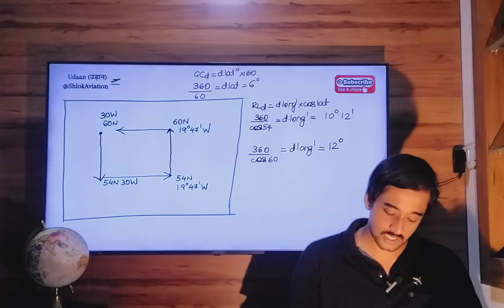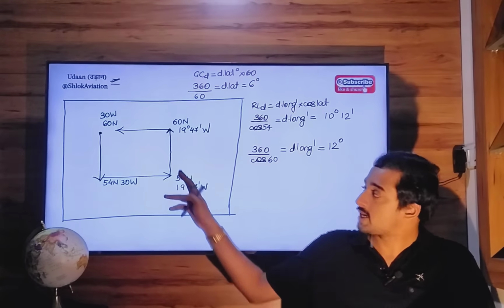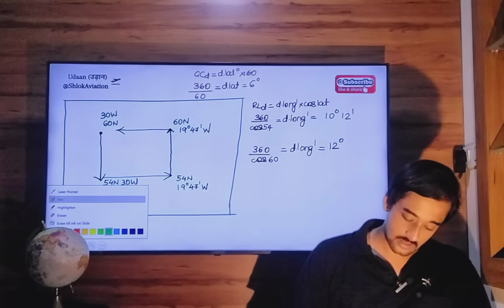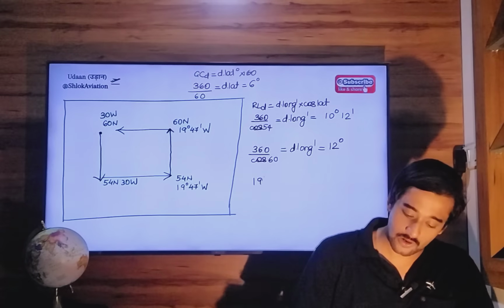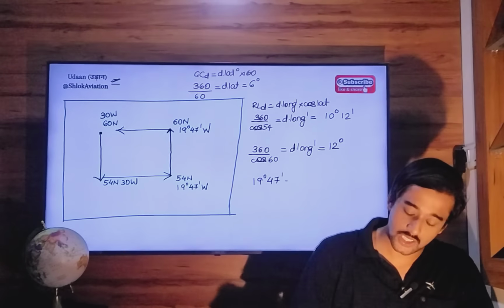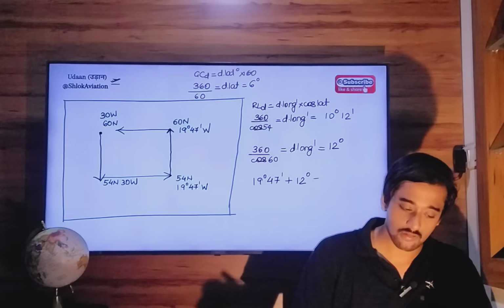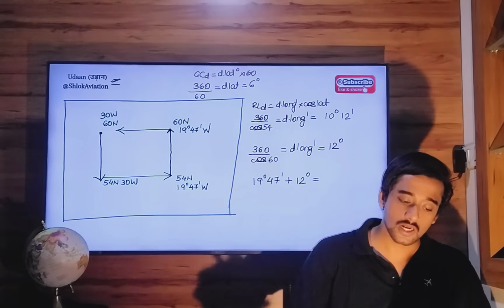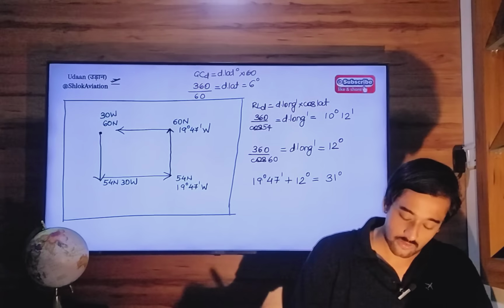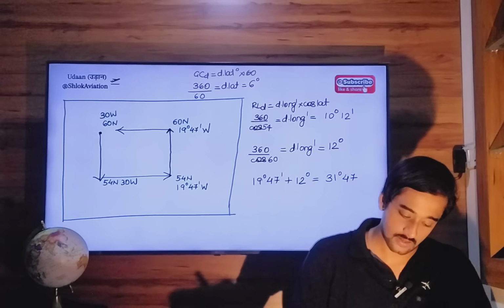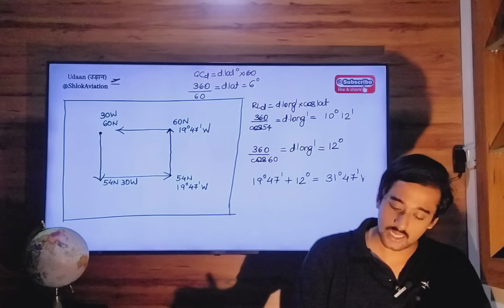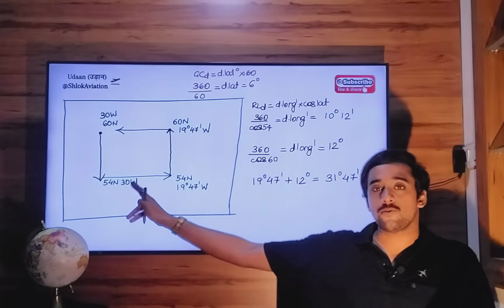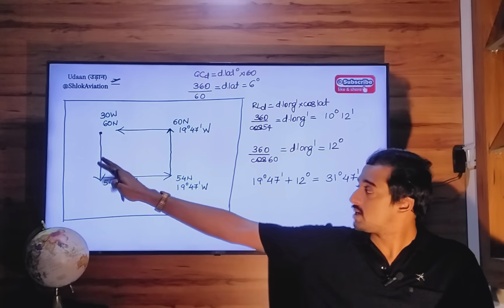So your new longitude will be 19 degree 47 minutes plus 12 degree, which is equal to 31 degree 47 minutes west longitude. So 1 degree 47 minutes beyond 30 degree west.